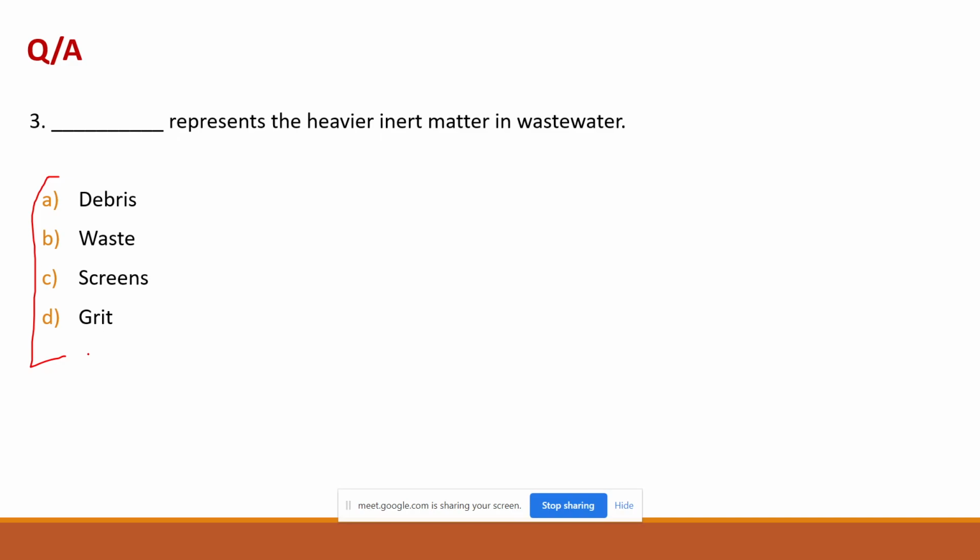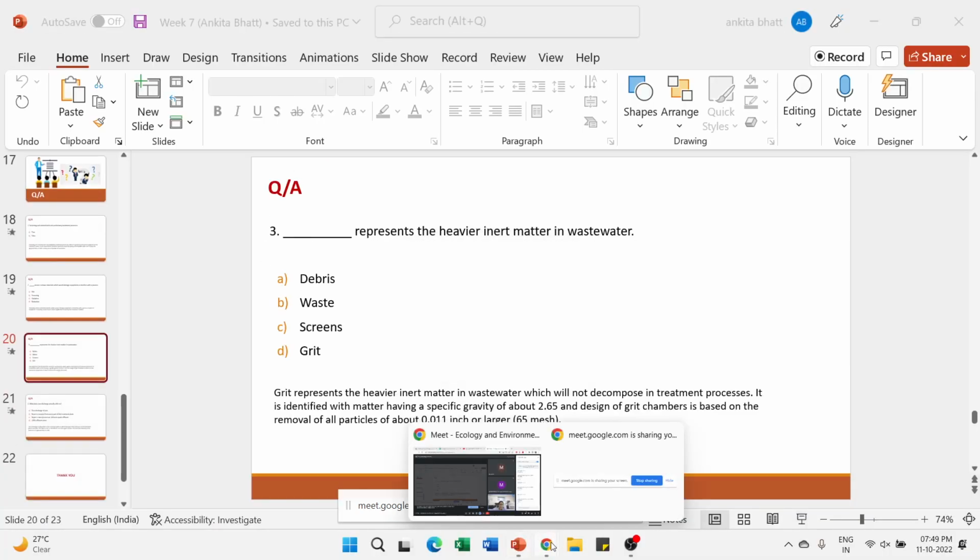Provide your option in the chat box. We have already discussed this last week, where we discussed the different treatment stages. So you have to identify which of these is removed, and we discussed this during the preliminary treatment stage.